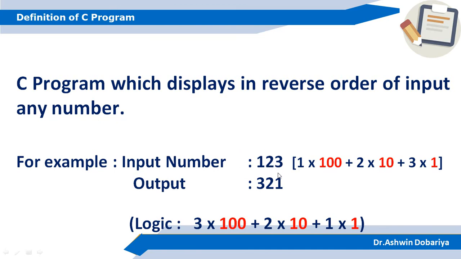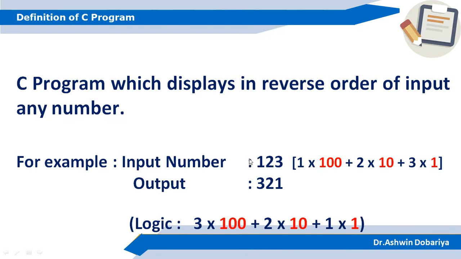As per mathematics, the rightmost digit, 3, which we can call the first digit from the right side, is multiplied by 1. Then the second digit is multiplied by 10, and the third digit is multiplied by 100.